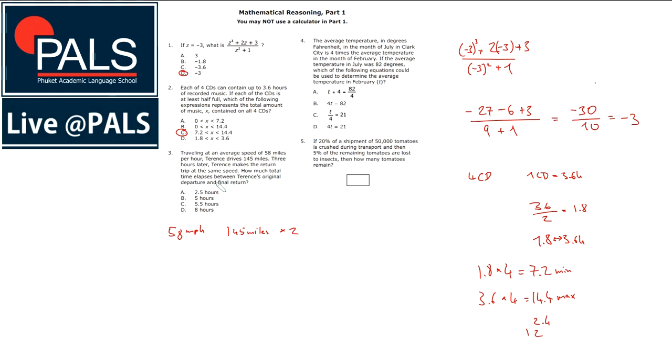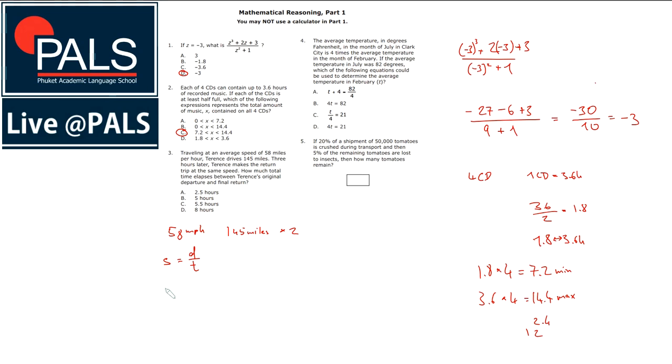How much total time elapses between Terence's original departure and the final return? We know that speed is equal to distance over time.